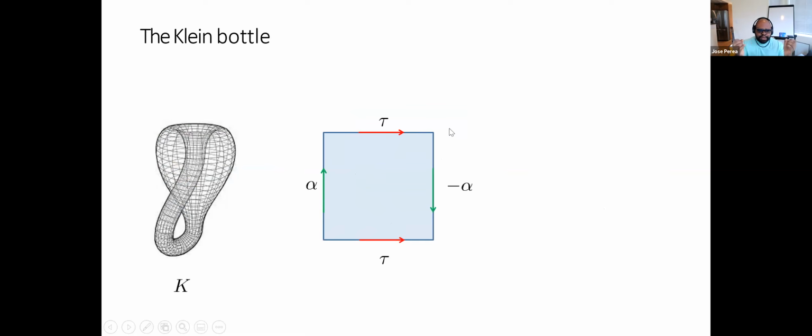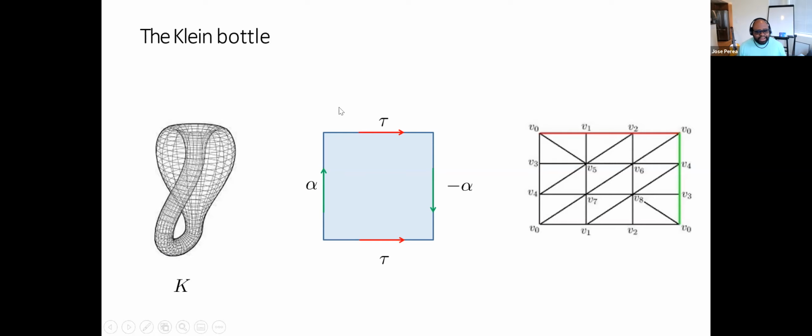So instead of coming around straight like when you were constructing the torus, you have to go into another dimension and come back from the other side to paste it in the reverse direction. When you do that, you get the Klein bottle. And again, you can triangulate it, and we can compute things about the Klein bottle that way.